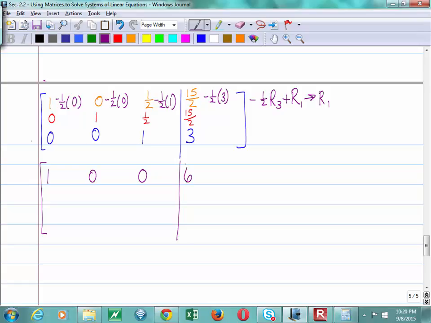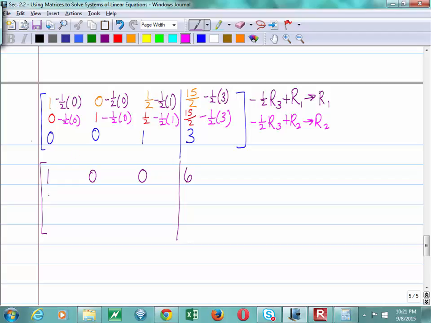Alright, and then I'm going to do the exact same thing for row 2. So I'm going to do negative 1/2 times row 3 plus row 2 to get the new row 2. So minus 1/2 times 0, minus 1/2 times 0, minus 1/2 times 1, and minus 1/2 times 3.